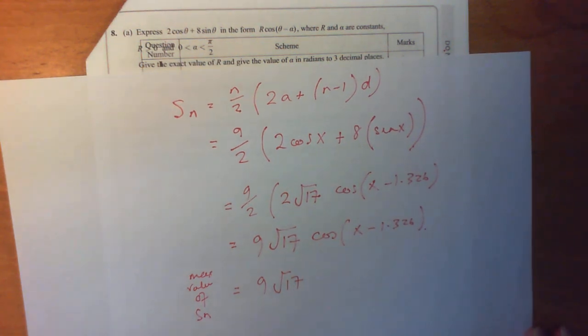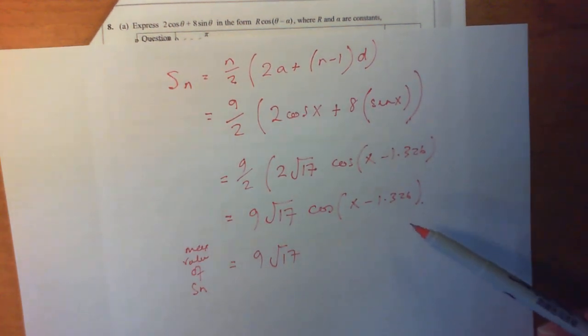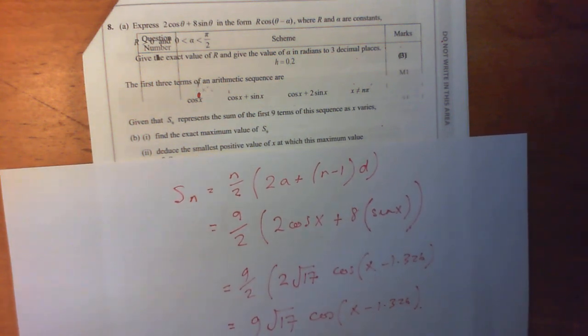Well, I mean, it's got to equal 1 when this is 0. So x minus 1.326 equals 0 implies that x equals, the required answer is x equals 1.326. That is the smallest positive value of x at which this maximum value occurs.